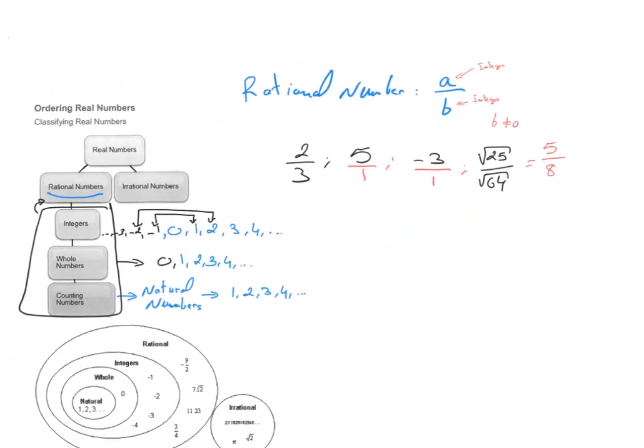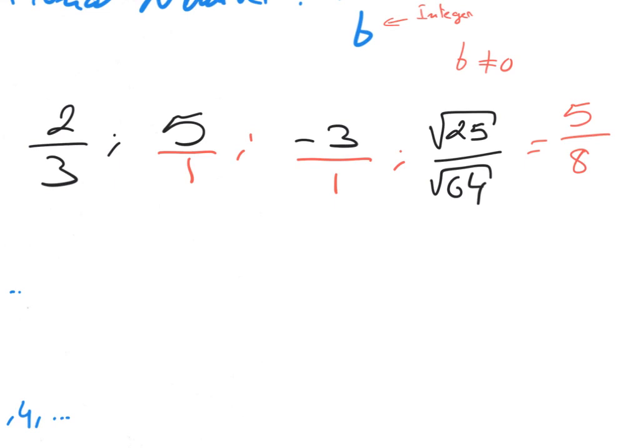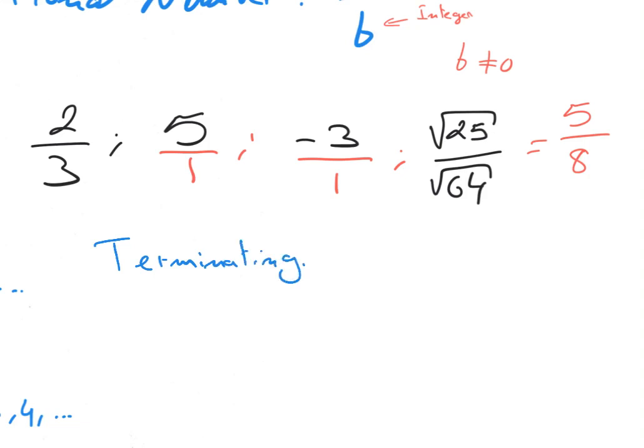One of the characteristics of rational numbers is terminating. It means it stops at a certain point, like 0.25, and it stops right there. We don't have 4, 5, 1, 3, all the way to the end. No, it stops right there. It terminates exactly at 5.